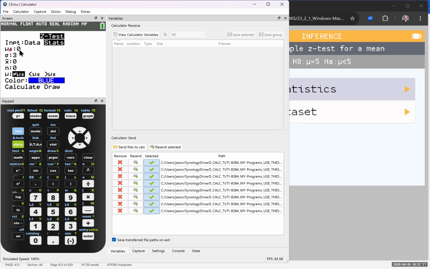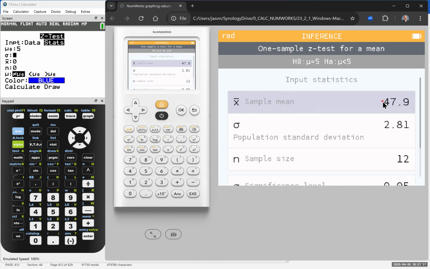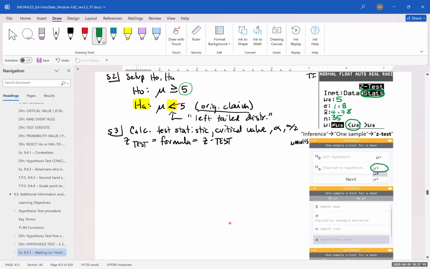Okay, so the value that we're using in our alternate hypothesis is 5. Okay, so we are going to input statistics, and the sample mean, what did I say that was? The sample mean was 4.78.